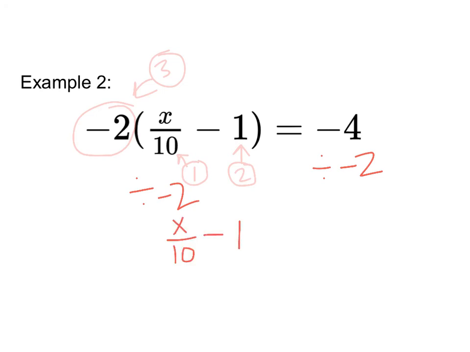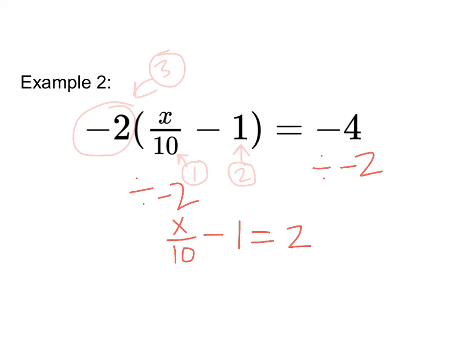So then I'll rewrite. So I'm left with x divided by 10 minus 1 equals 2, because negative divided by negative is a positive. Notice I didn't bother writing the parentheses because once I got rid of that times -2, the parentheses don't serve any purpose anymore.